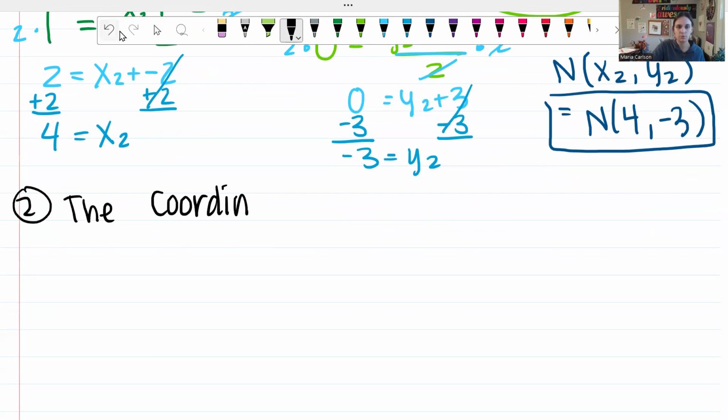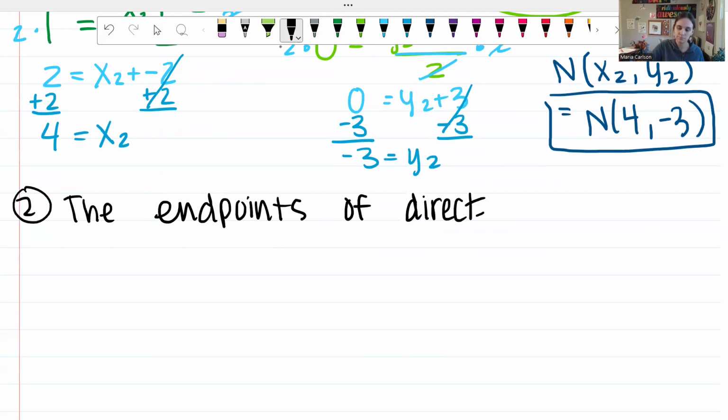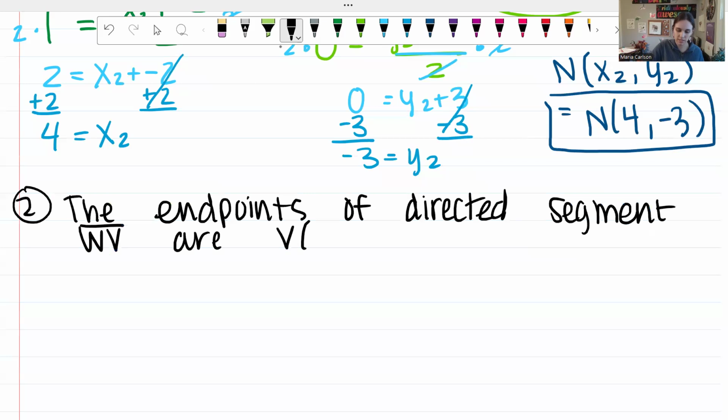Oh, no, the endpoints. I was looking at the above one. The endpoints of directed line segment WV are V is the point -10, comma 6, and W is the point -2, comma 18.